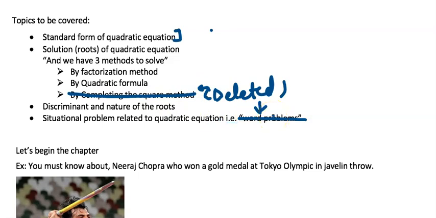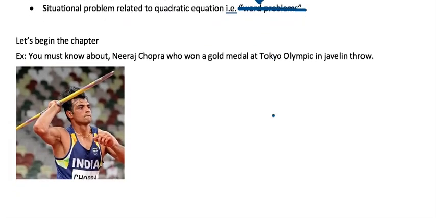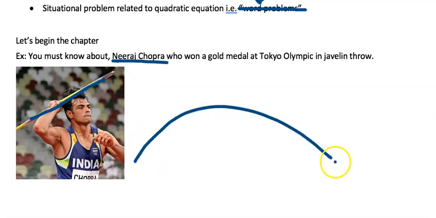Now if I move forward, how can we link quadratic equations with a real life situation? Let's understand it. Everyone knows who is Neeraj Chopra. We know that Neeraj Chopra has won the gold medal in javelin throw. If you observe the javelin throw, it moves from here to here, and this is the ground level.